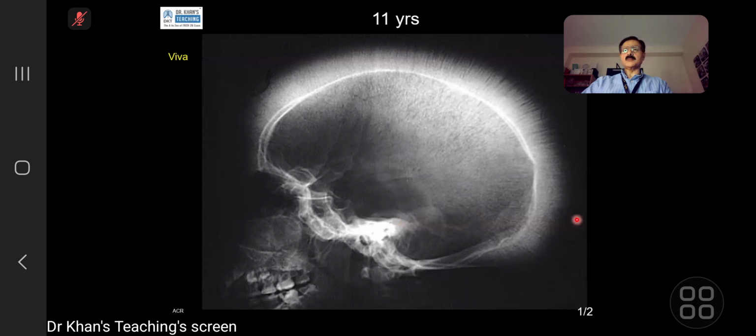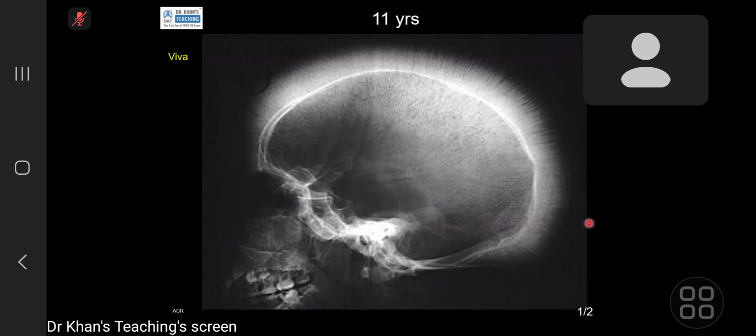Describe the findings. I am presenting a skull radiograph, lateral view. I can see over expansion of the outer table of the skull, giving a sun ray appearance.